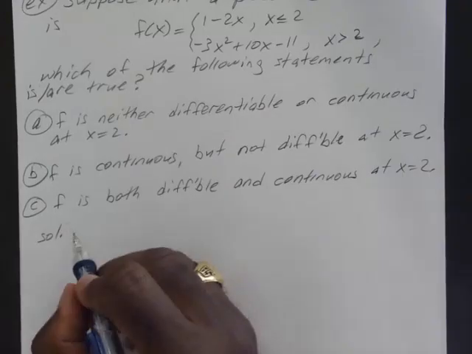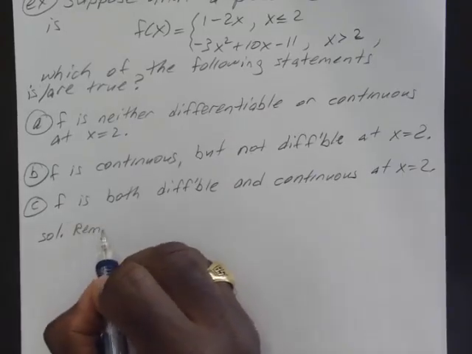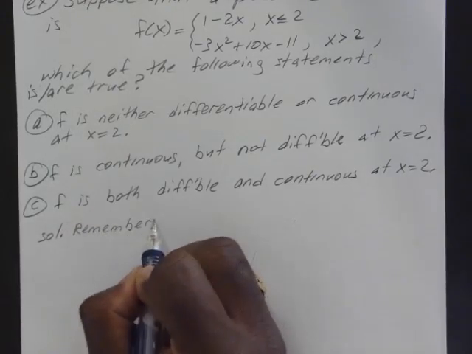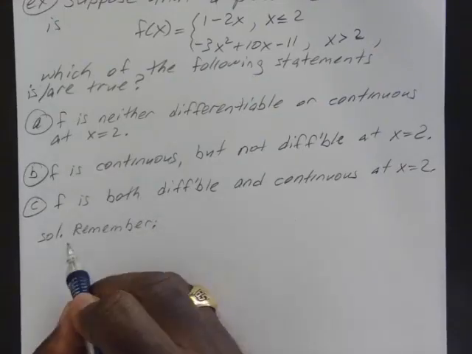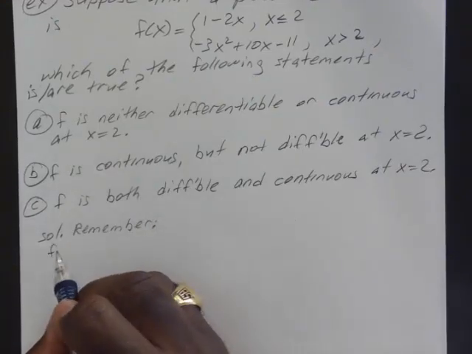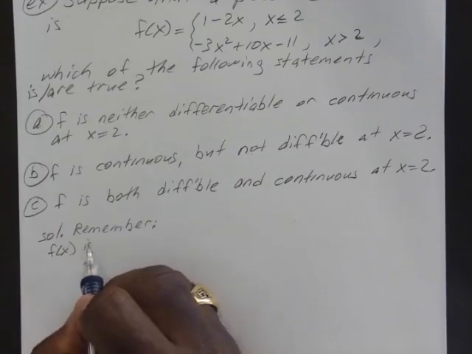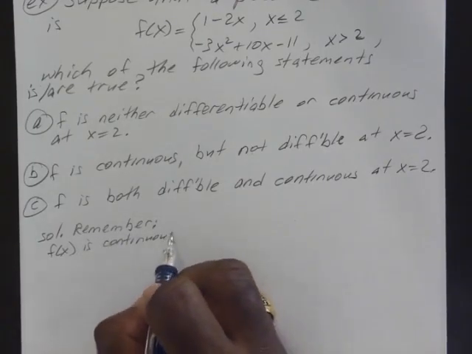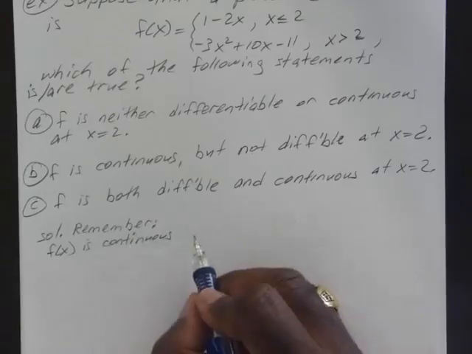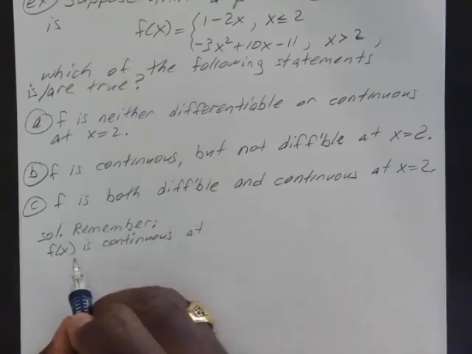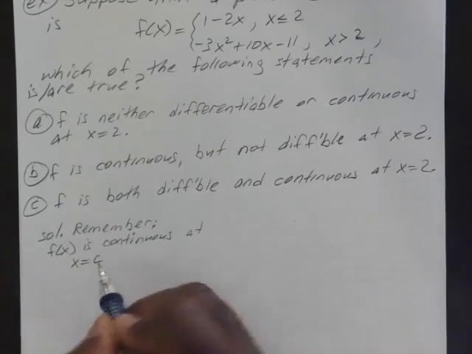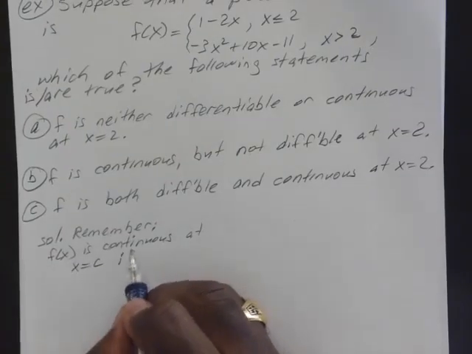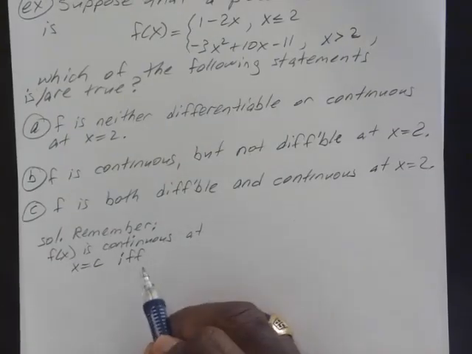Okay, so if we remember, f of x is continuous at x is equal to c if and only if.